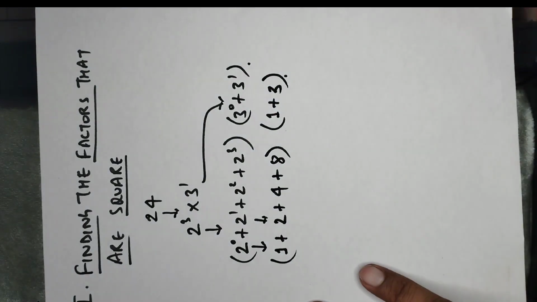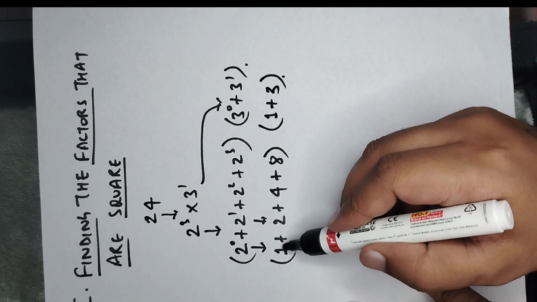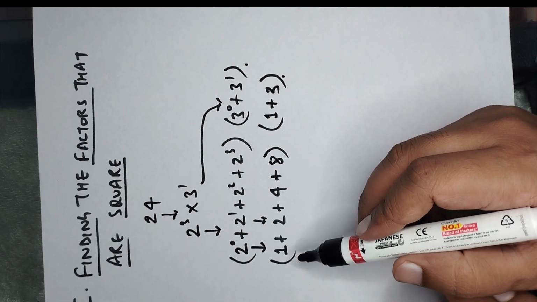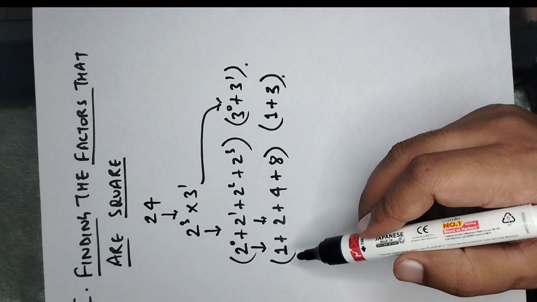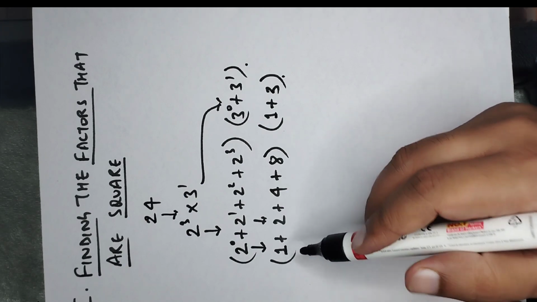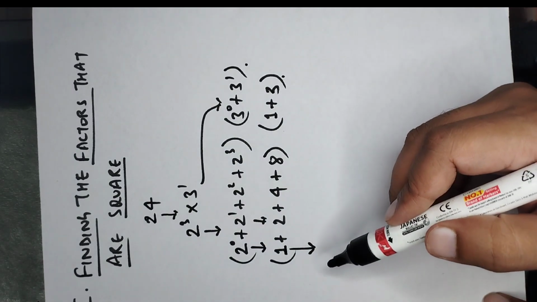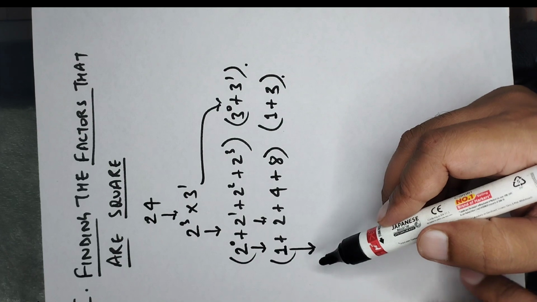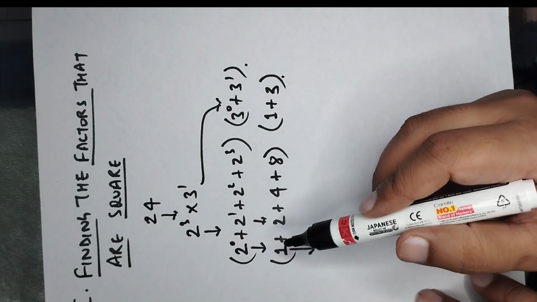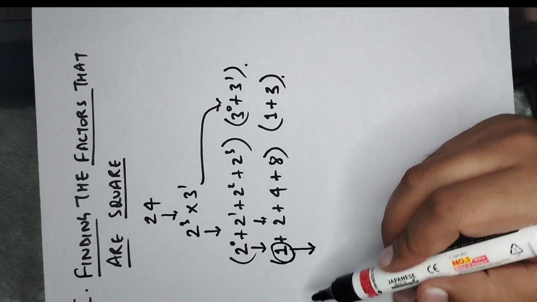Now if we see clearly, 1 is always a square. 1 is the number that is always intact. Whether you take its square or its cube or any power, 1 always remains the same. So 1 can always be a square or a cube. So if we have to find the number of factors that are square, 1 will always be there.